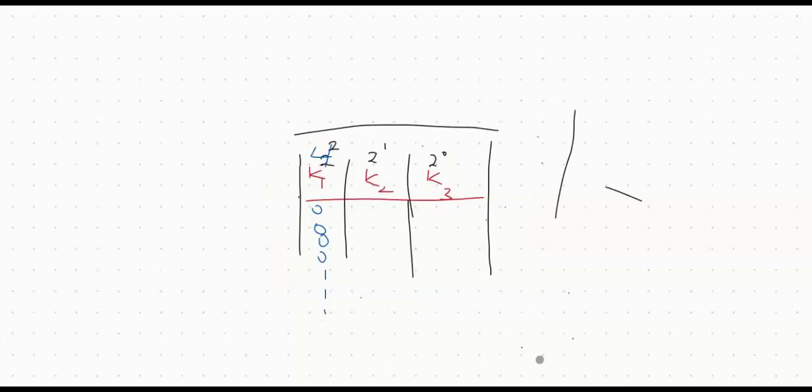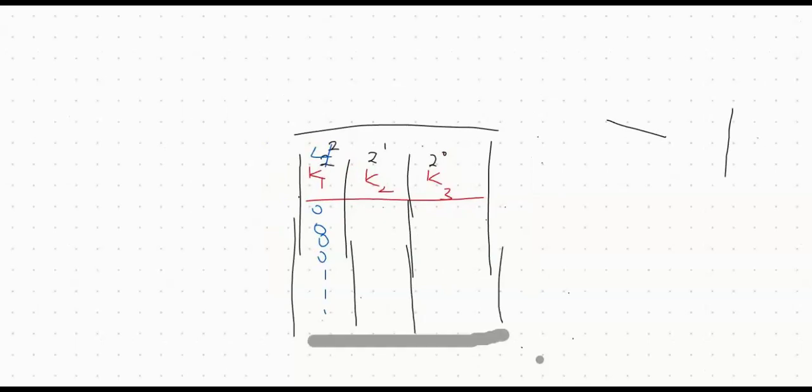Now for K2, where we had 2 power 1, which is 2, we start with zeros, which means first write the first 2 zeros. After the first 2 zeros, come to the first 2 ones. You keep on alternating: 0, 0, 1, 1, 0, 0, 1, 1, 0, 0, 1, 1, like the way he's writing.